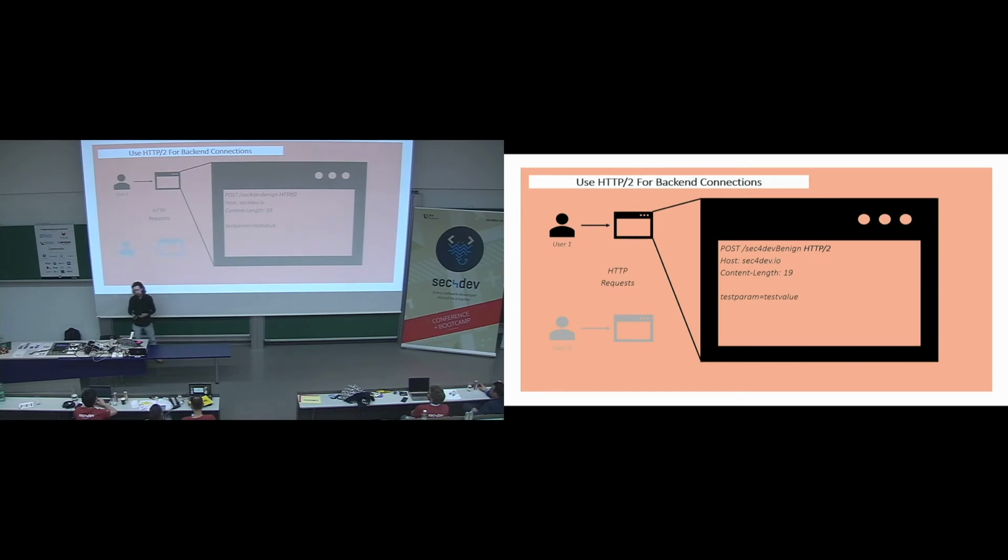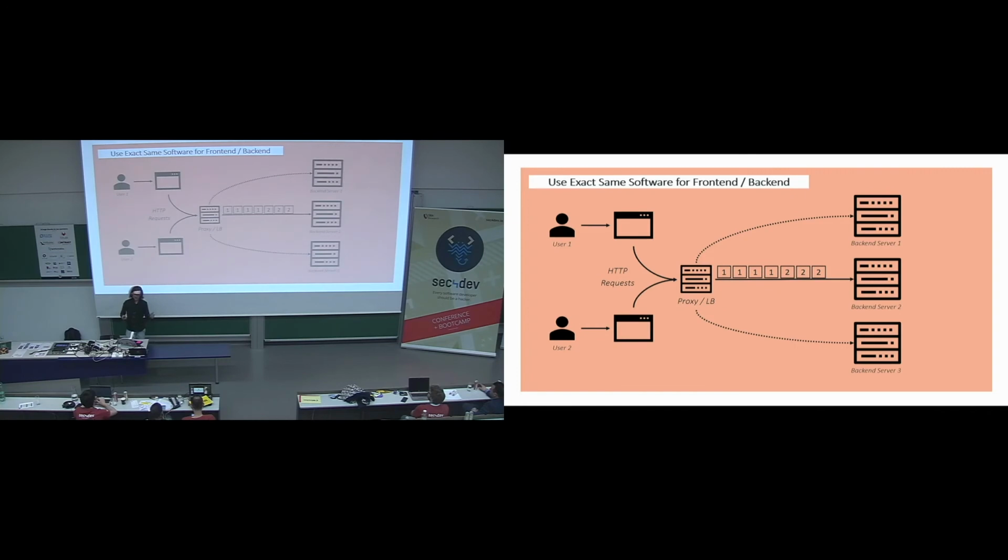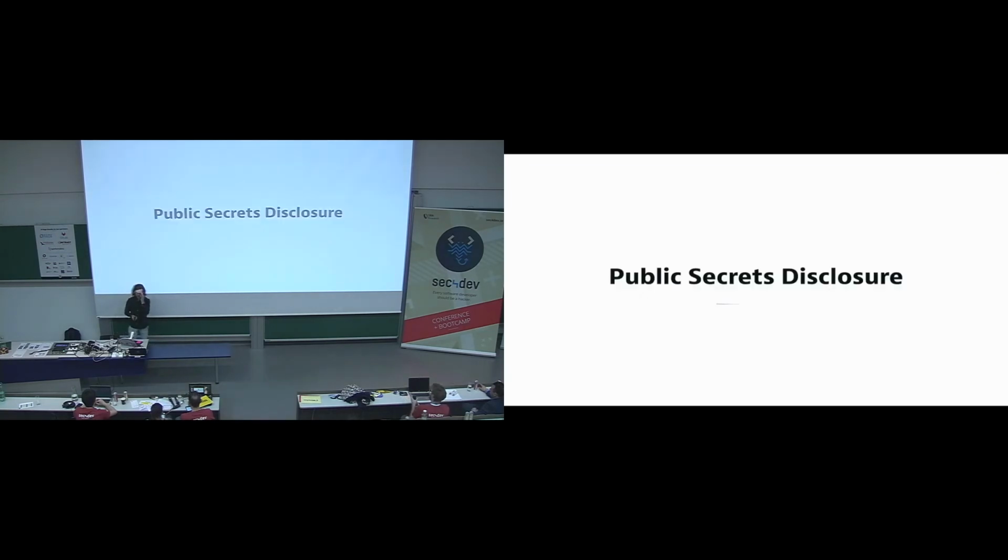It's designed that way. What else? Use the exact same configuration and server for your front-end server as for your back-end server, because if they understand the request in the exact same way, there's not really a chance that something can go wrong, which I guess makes sense.